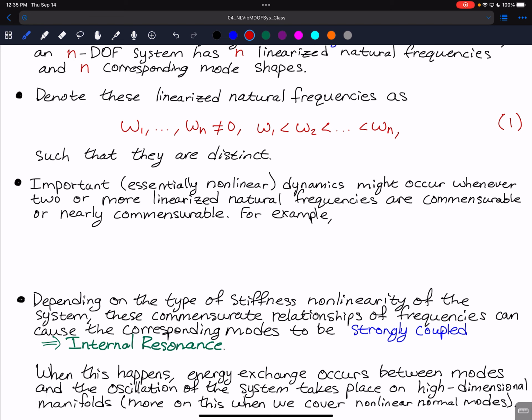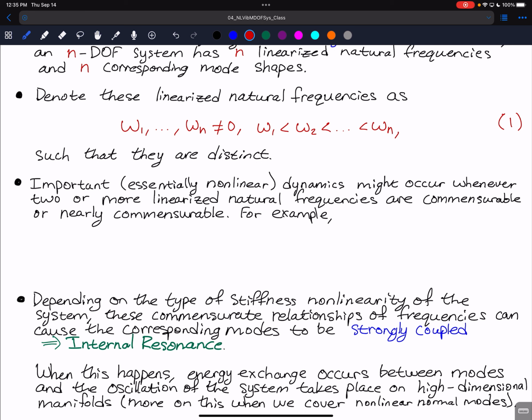All right, so again, this is a nonlinear vibrations class, so we're interested in when nonlinear behavior can occur. And really the most interesting time is when two or more of these linearized natural frequencies are commensurable or nearly commensurable.